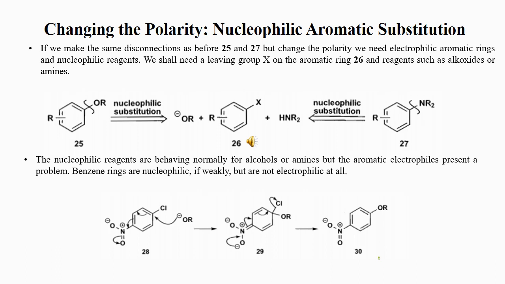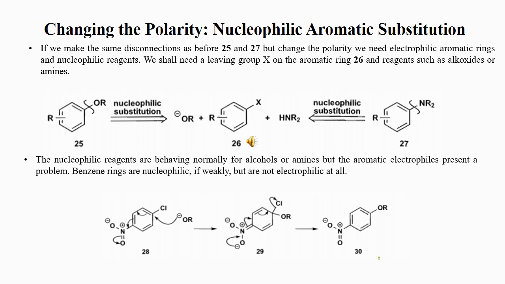Now come to the slide. Here we see that there are two target molecules, 25 and 27. For both of these, if we disconnect the C–O bond in 25 and the C–N bond in 27, we can have the same aromatic nucleus, 26.